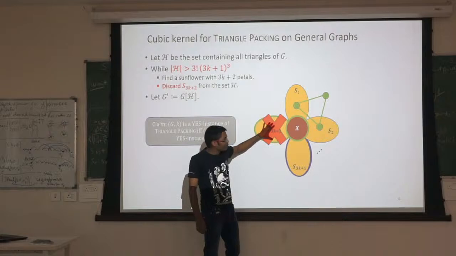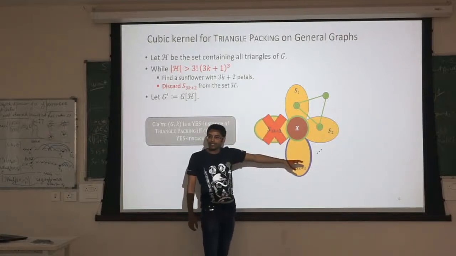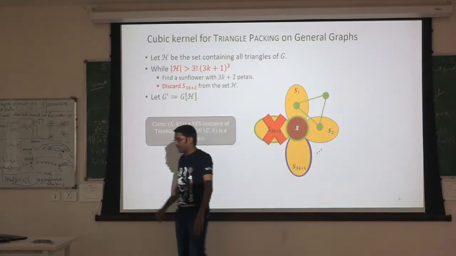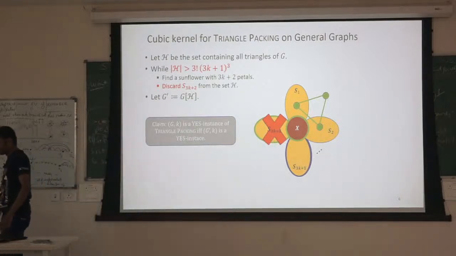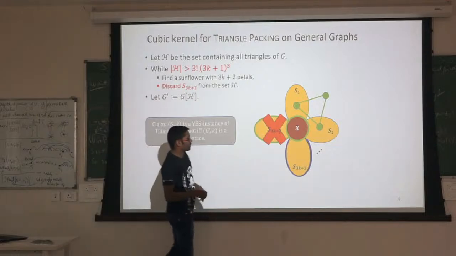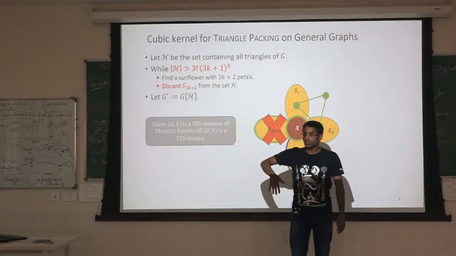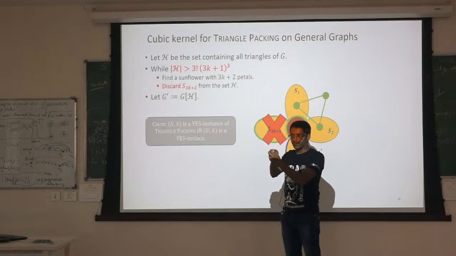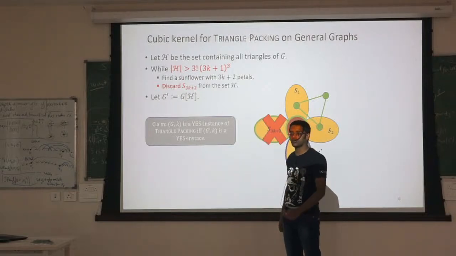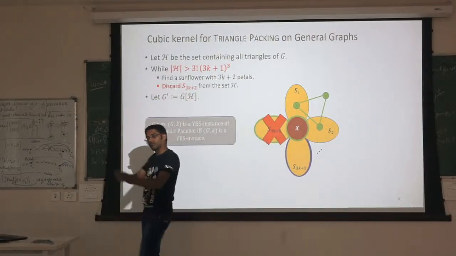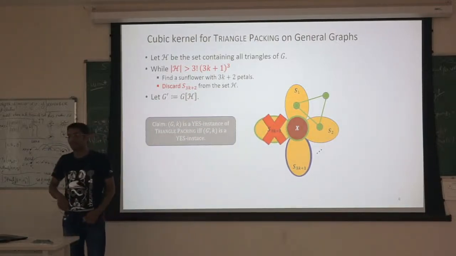Okay. And even arbitrarily removing any petal is sufficient to ensure the answer. So, why is it sufficient? Do you remember this very simple kernel for vertex cover? It says that if you have a vertex of degree k plus 1, since if you do not pick that vertex into the solution, all of the neighbors have to go to the solution. So you immediately said that, okay, just pick this into the solution and then the remaining should go.